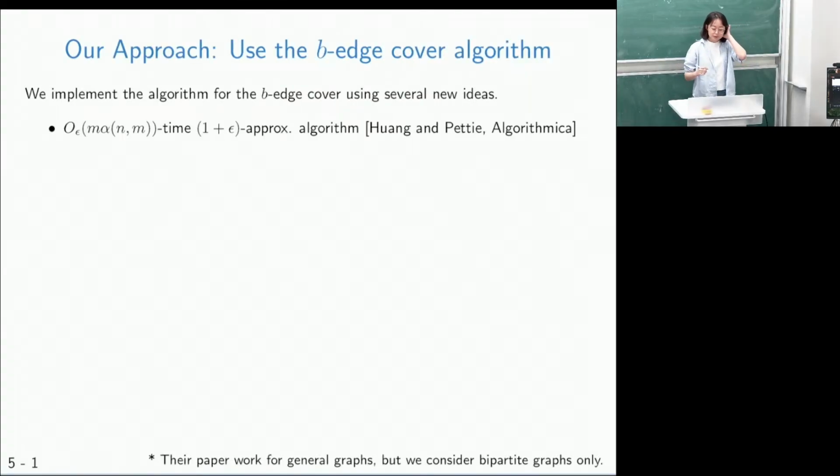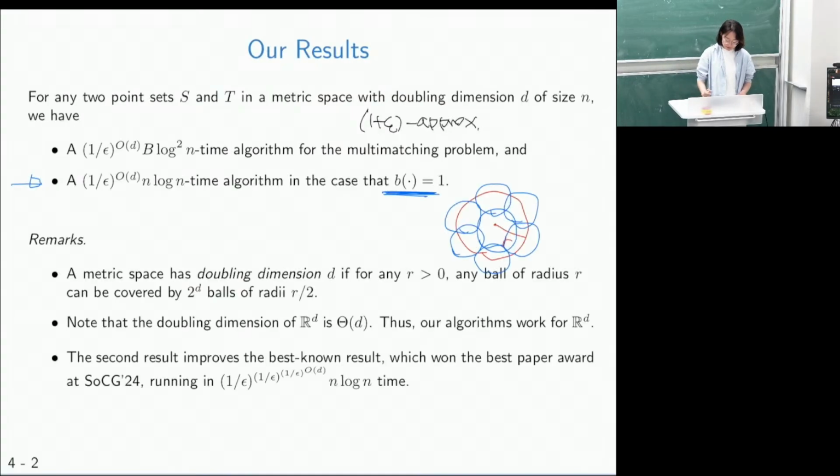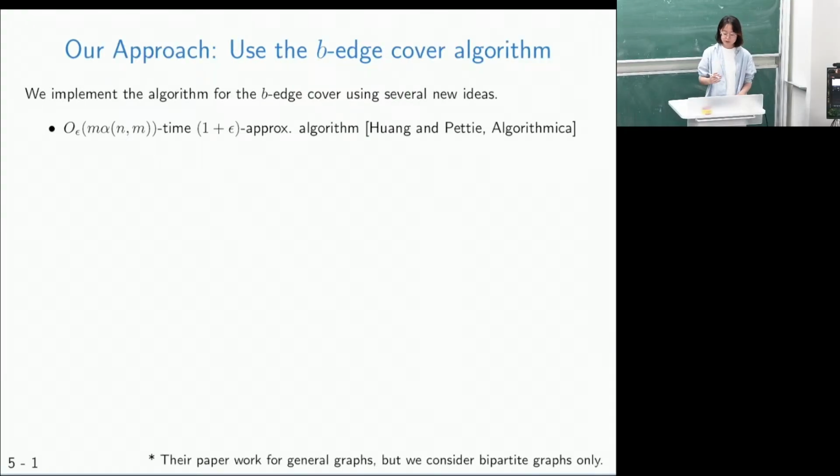Our approach is totally different from this SoCG paper. This paper doesn't use known algorithms from graph theory. But in our case, our main approach is to use the connection between the multimatching problem and the B-edge cover problem. More specifically, we implement the algorithm for the B-edge cover problem using some new geometric ideas and some basic geometric data structures.